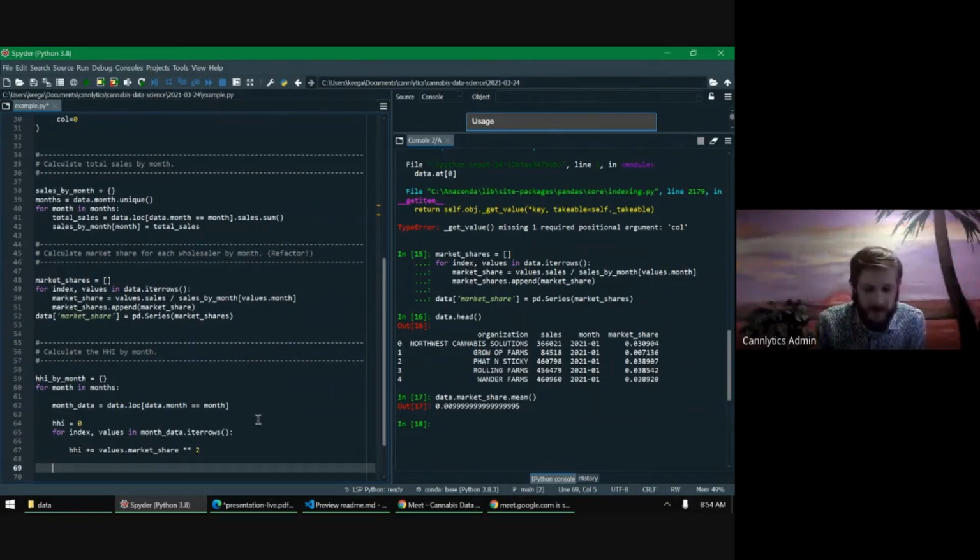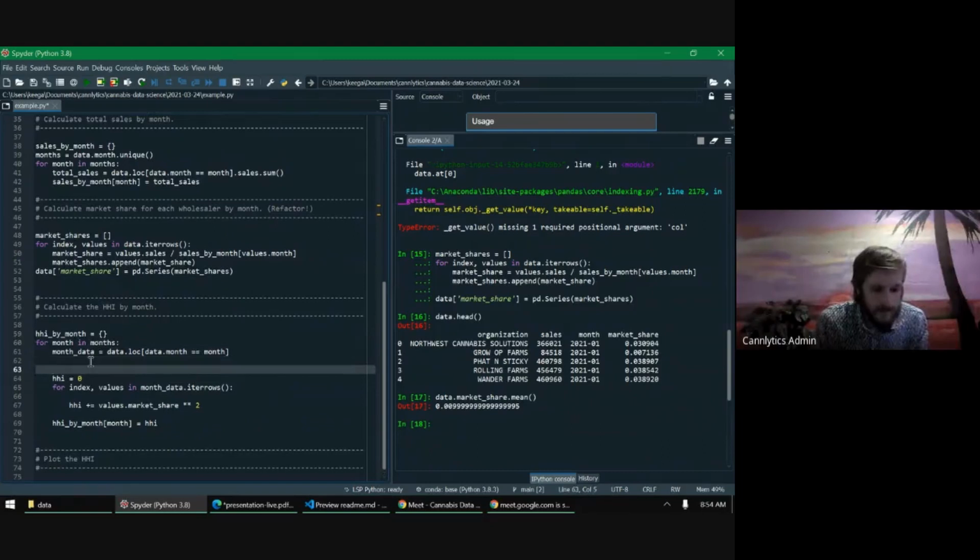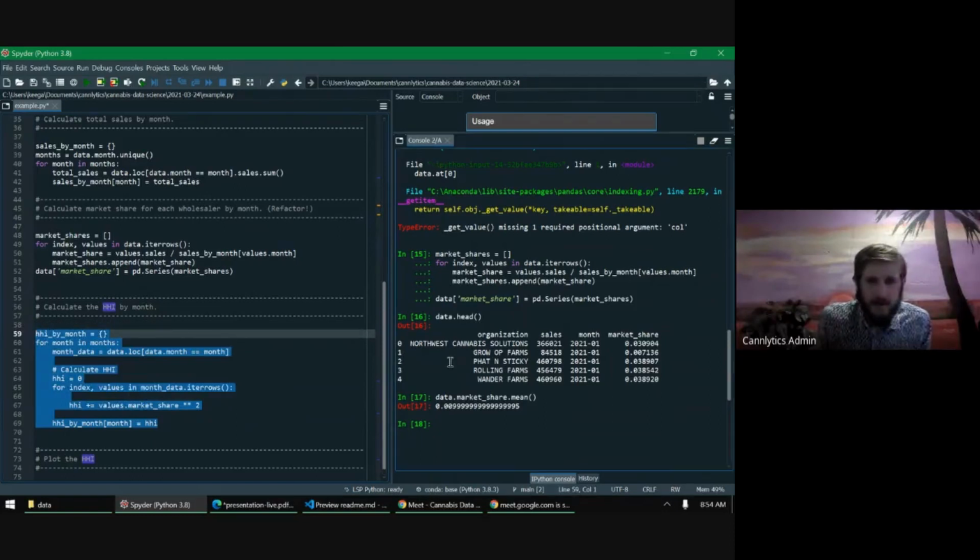And we'll keep track of that value. And let's see if this works.